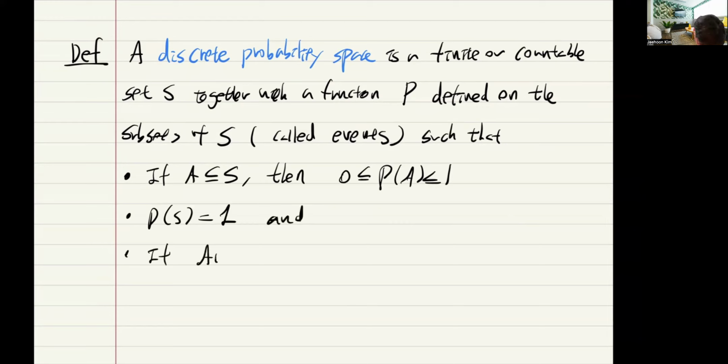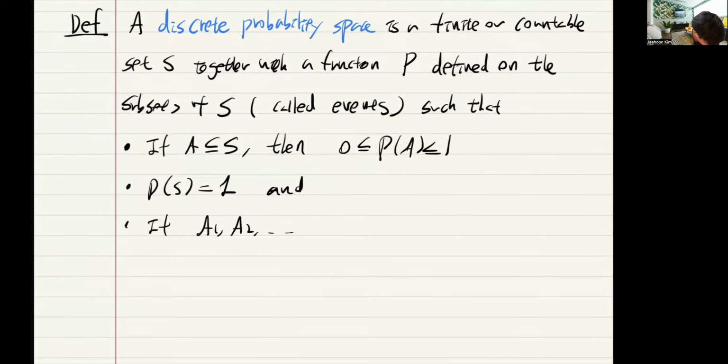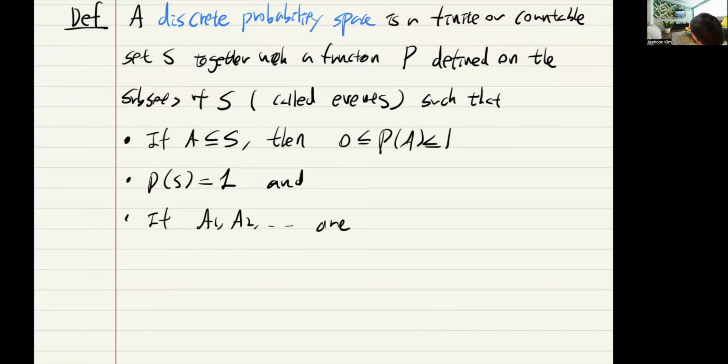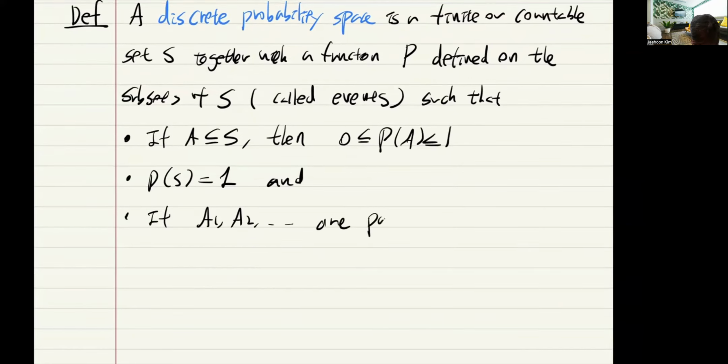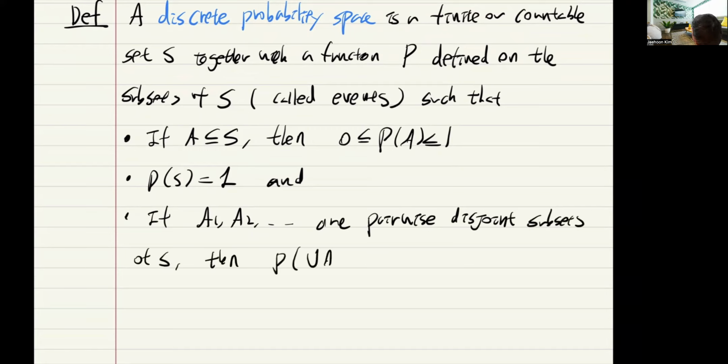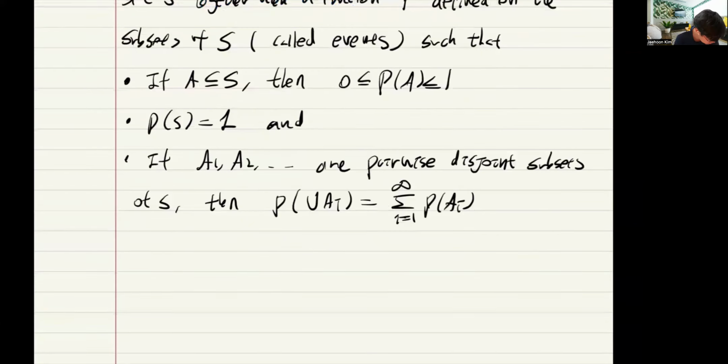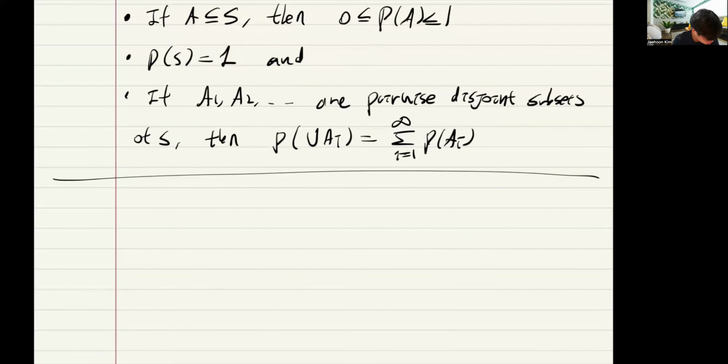And if A1, A2, and so on, which could be infinite, are pairwise disjoint subsets, the probability of one of them happening is the summation of the probabilities.